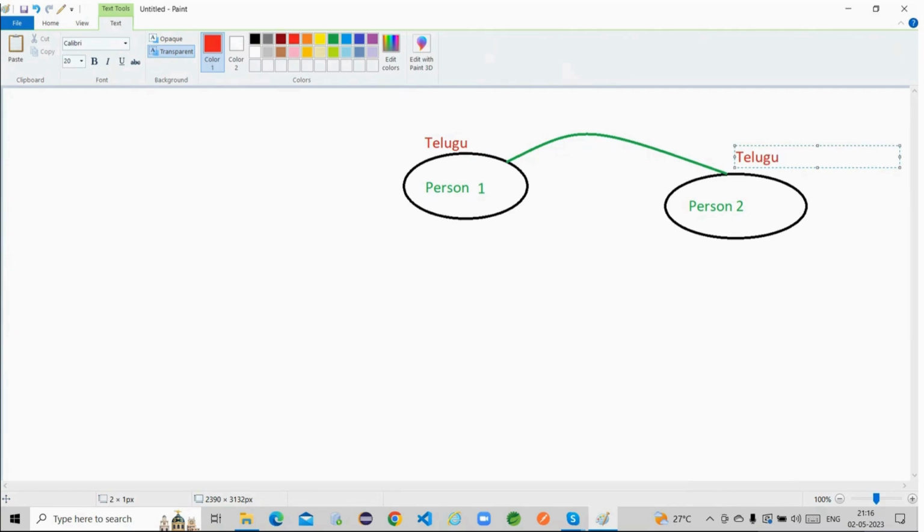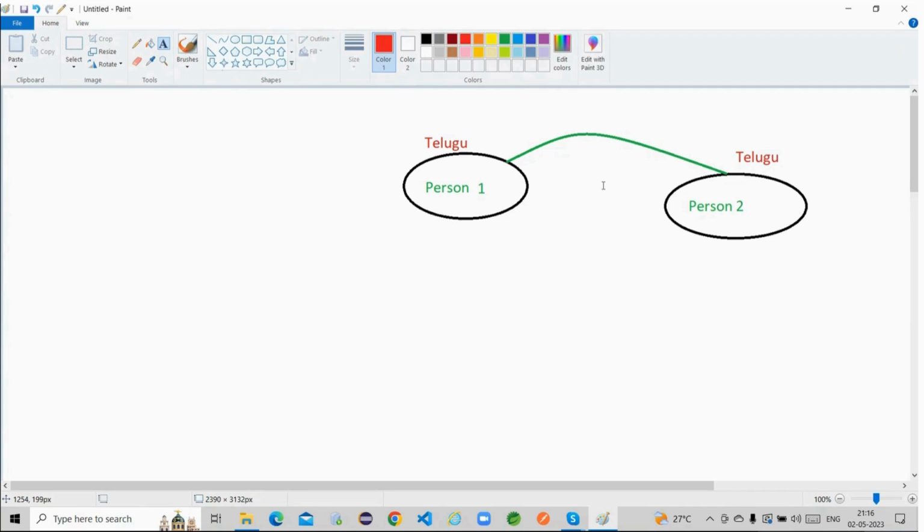Definitely this first person can happily communicate with this second person, or not? Are you getting my point or not? This first person wants to share all his ideas with the second person, and as both know the same language, this first person can happily communicate with this second person. Yes, there is no doubt. This first person can happily communicate with this second person because both know the same common language.